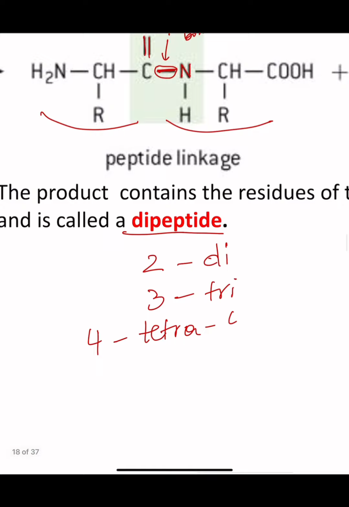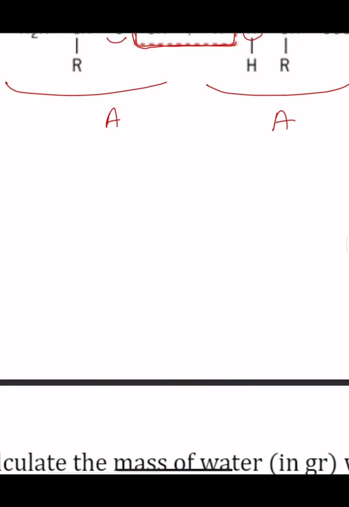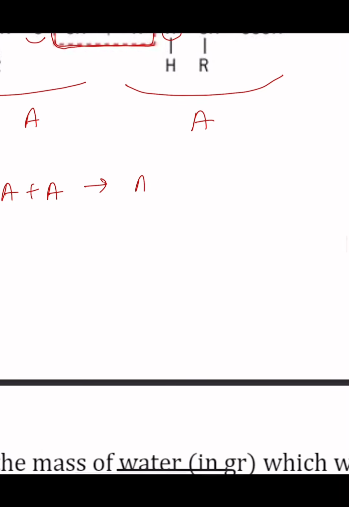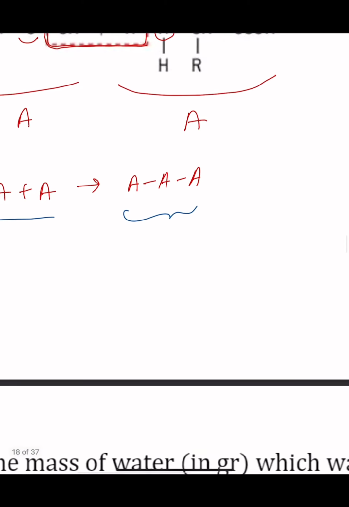Let's say I make a tripeptide, meaning I combine A plus A plus A. Because we combined 3 amino acids, we made a tripeptide.